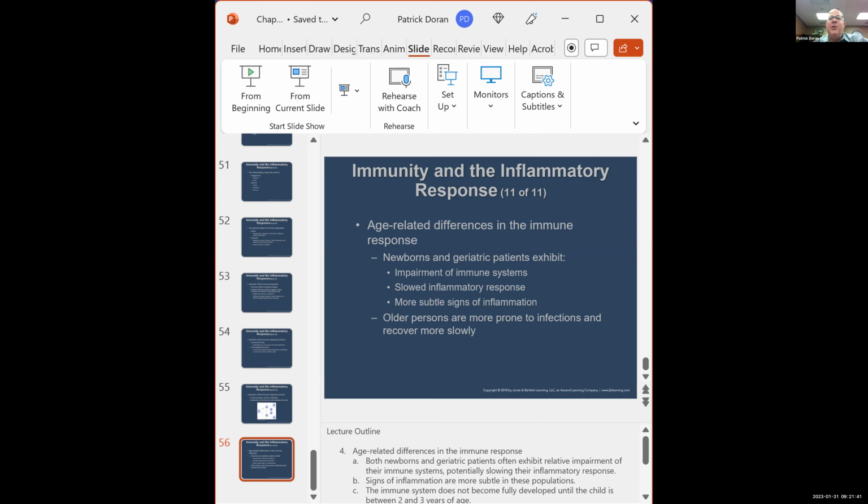So this is all going to build on you guys now being taught about abnormal labs, and we can understand why the abnormal labs are important and what can happen.